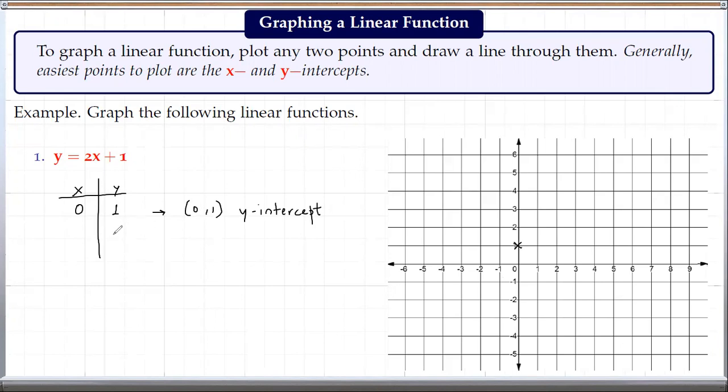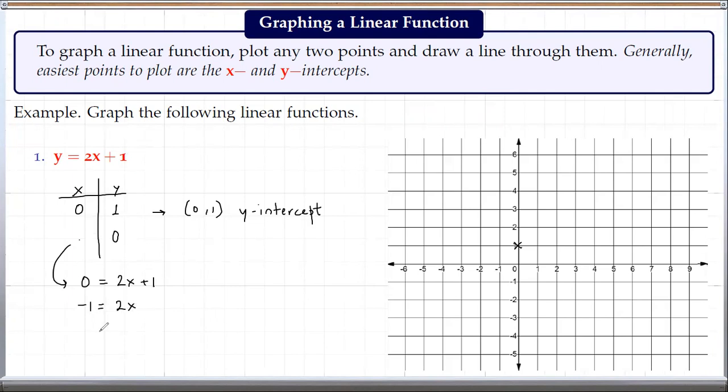And to find the x-intercept, we set y equals 0. So put 0 here and try to figure out x. To figure that out, we need to replace y by 0 in the equation. So y equals 2x plus 1. You want to solve for x. So subtract 1 from both sides. You will see negative 1 equals 2x.